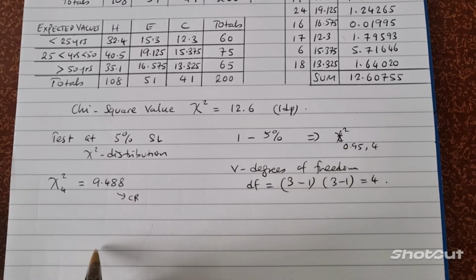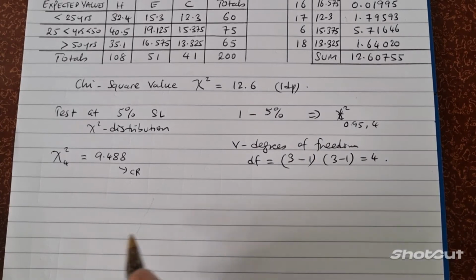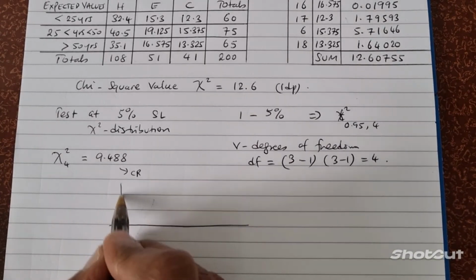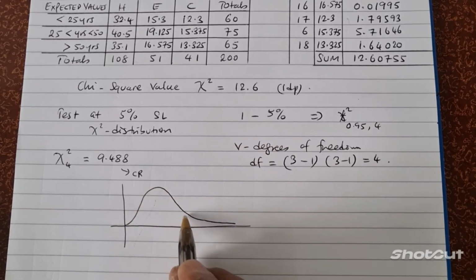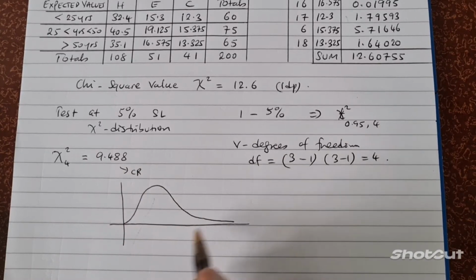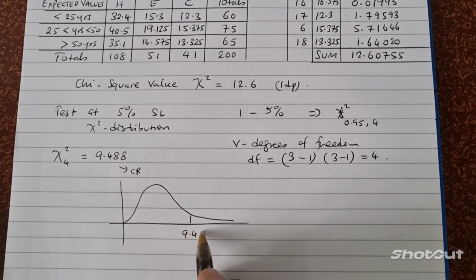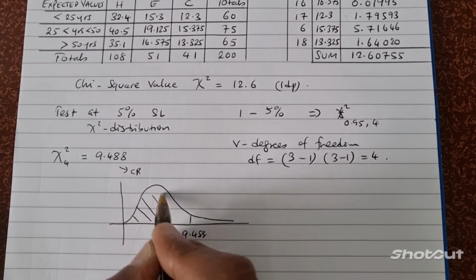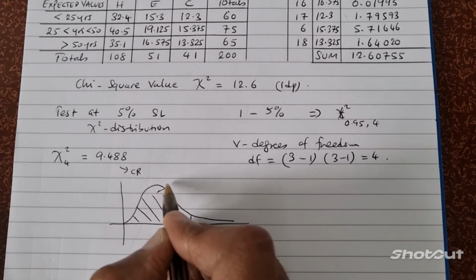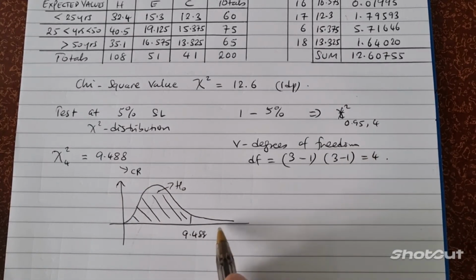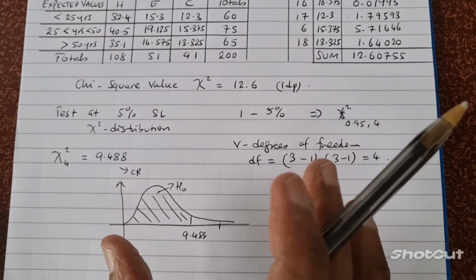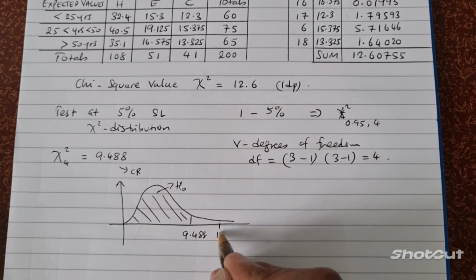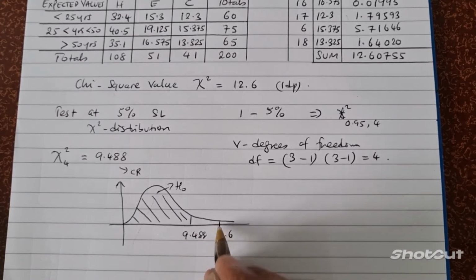If you look at your chi distribution curve, suppose this 9.488 is here. All the region to the left is where we do not reject the null hypothesis, H0. Over here is my chi-square value computed from the observed data, which was 12.6. As can be seen, 12.6 is greater than 9.488.